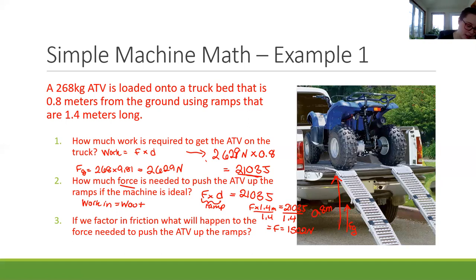Now, to put that back into kilograms, if you want to visualize how many kgs of force that would be, you could also convert it to pounds if you wanted. But if we divide that by gravity, that would be like 153 kgs of force.